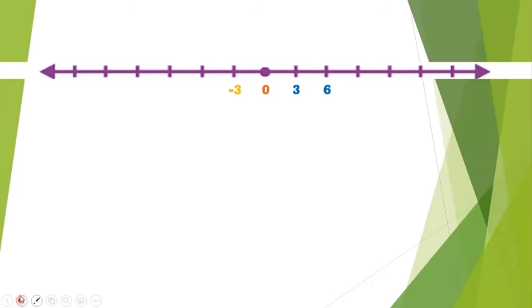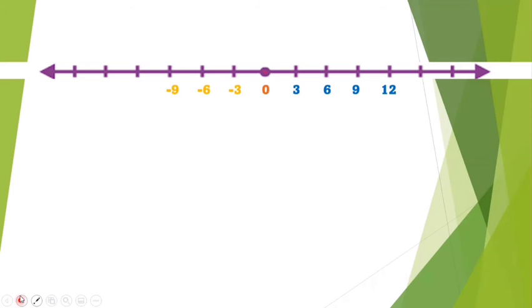And what will be the next number on the count of 3? That is 6. If we have positive 6 on the right, we have negative 6 on the left. And what is the count of 3 next to 6? That is 9. We have positive 9. And of course, we have negative 9 on the left. Another count of 3 para mabuo natin yung ating number line.